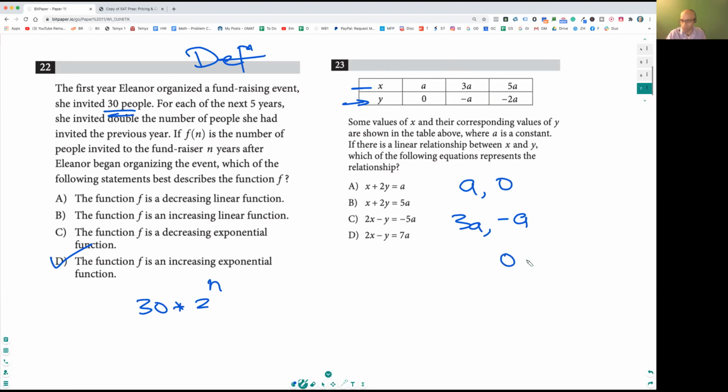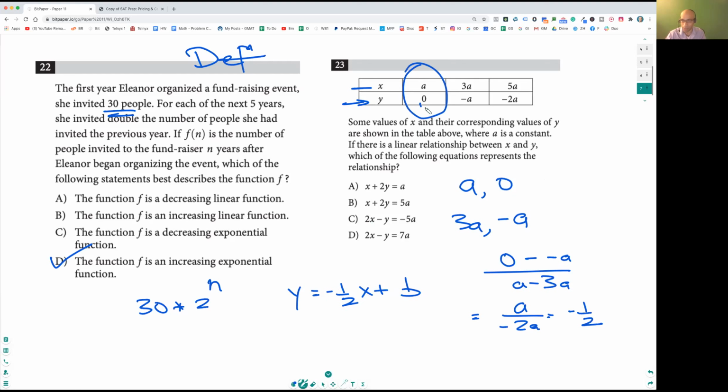What do you get? 0 minus negative A over A minus 3A, right? I'm just trying to find the slope over here, folks. So here you get A over negative 2A, and so you get negative half, okay? So you get Y is equal to negative half X plus B. Now I just got to find B over here. Then you can plug this value inside over here.